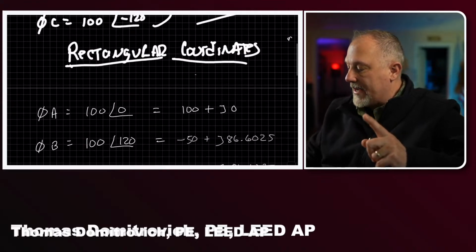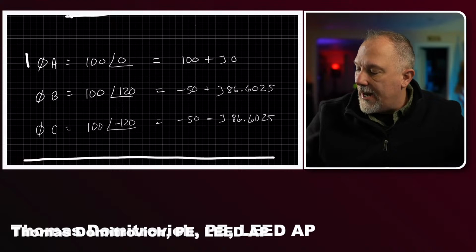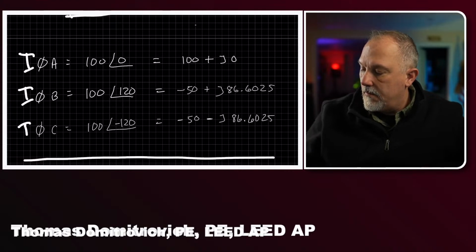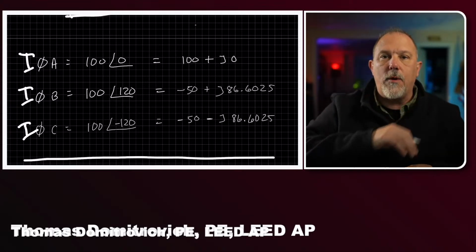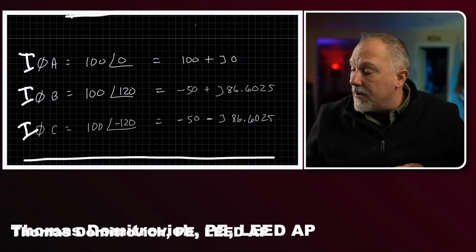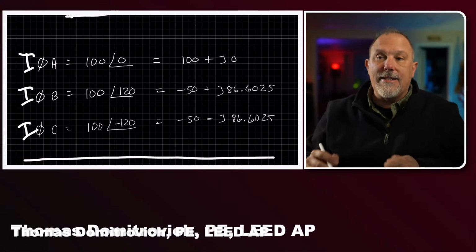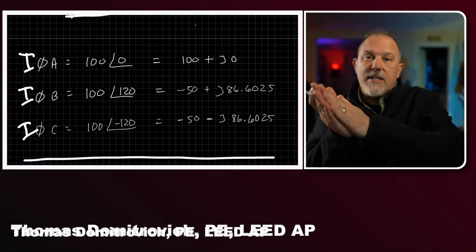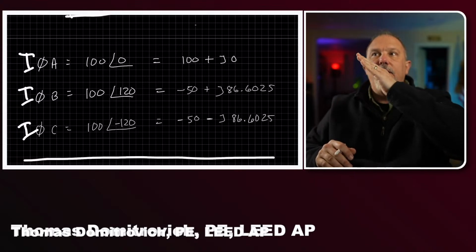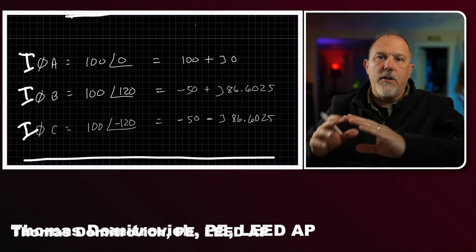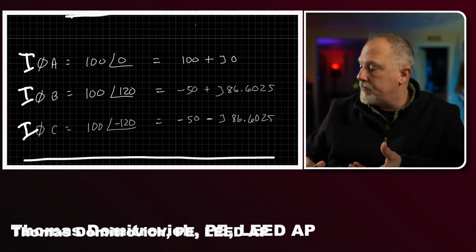Right, so let's go back up to this now. Say this was I phase A, I phase B, I phase C, and they were 120 degrees apart. I don't care what the numbers are. I could say 0, 120, minus 120. I could say 30, and as long as I'm 120 and 120, my starting phase angle doesn't matter. As long as they're balanced 120 degrees apart, it'll all work out in the end.